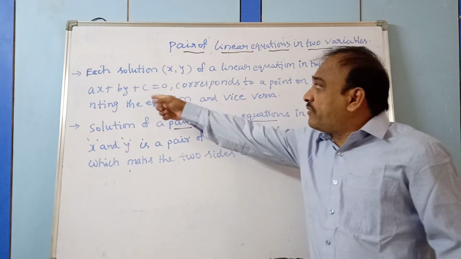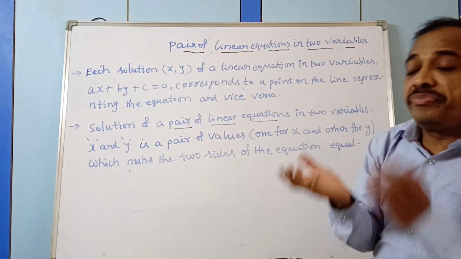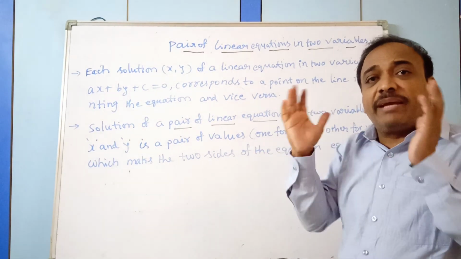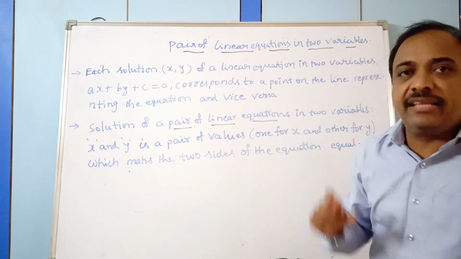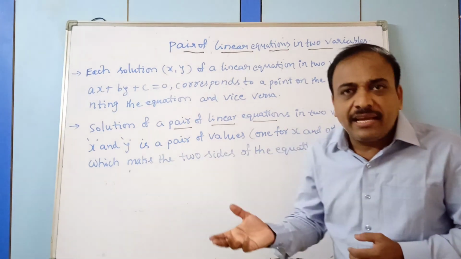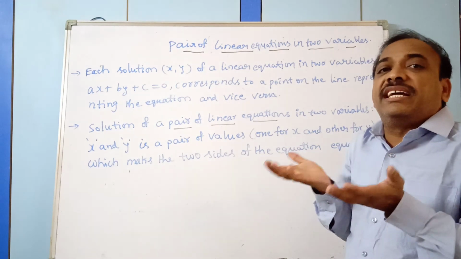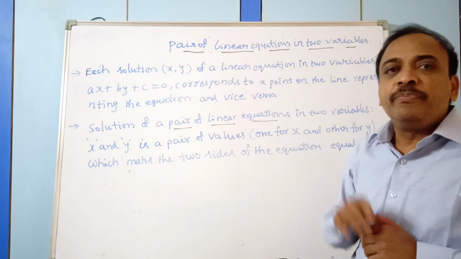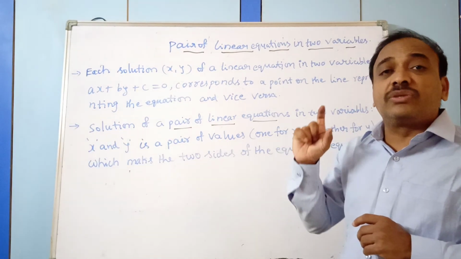If for the variables x and y you substitute some values and it balances both LHS and RHS, both sides will be equal. Such values for x and y are called the solution.